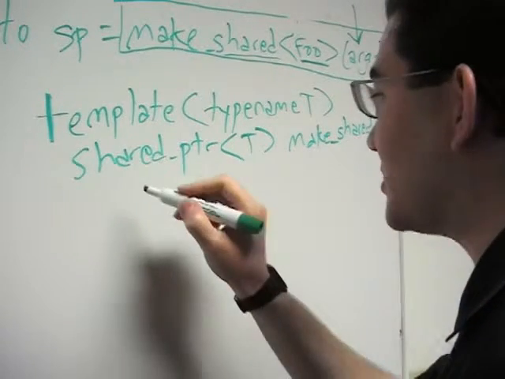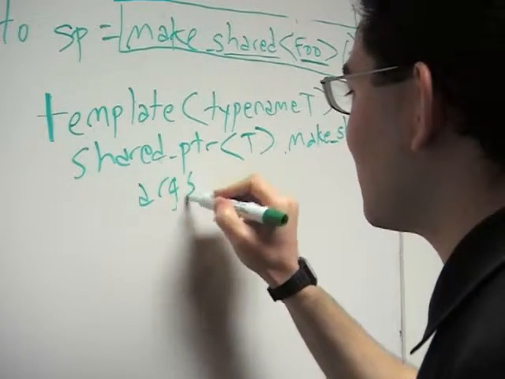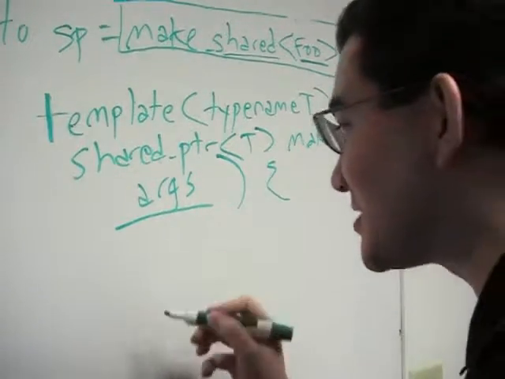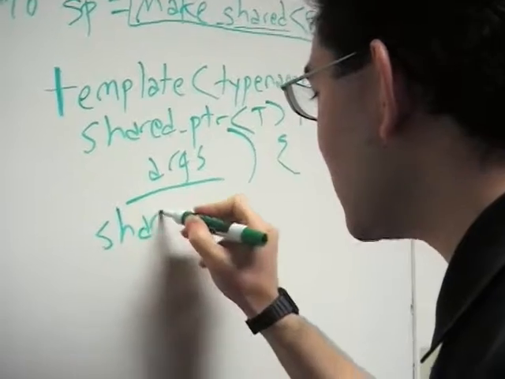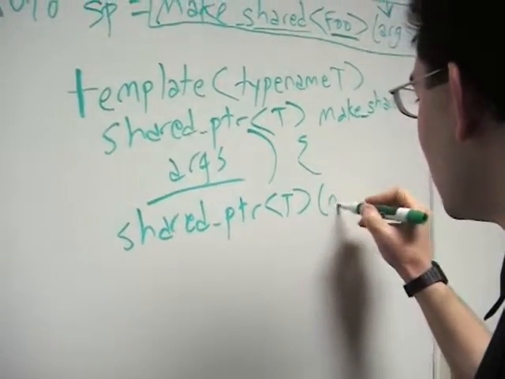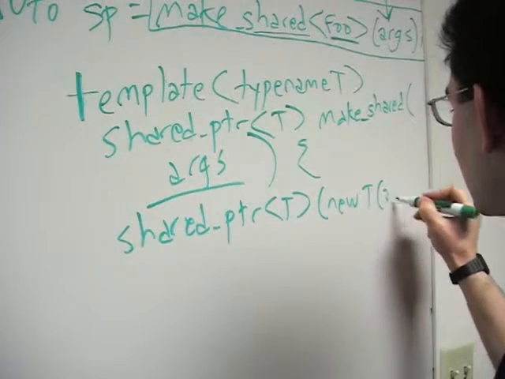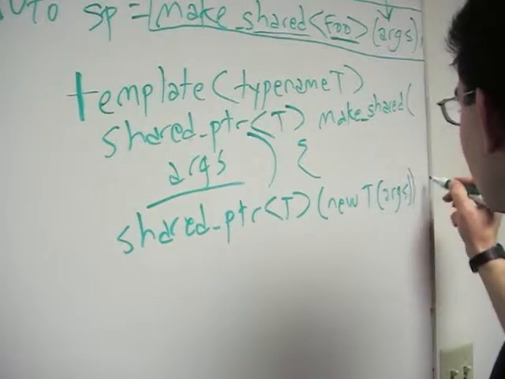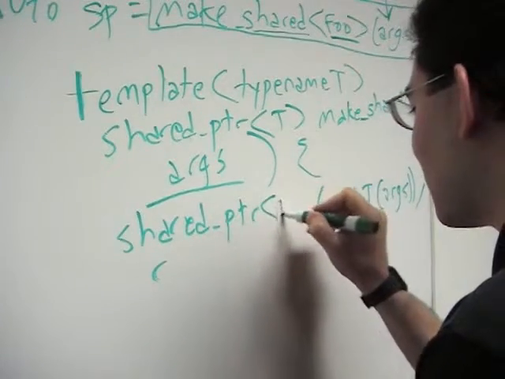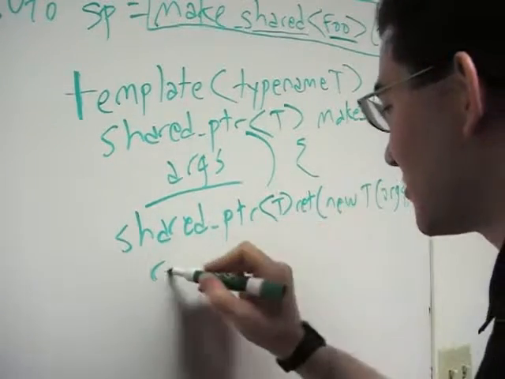And then I've got to write arguments, we'll get to that. And then inside here, I need to say something like shared_ptr<T> new T(args), and I need to give this guy a name, ret, and then return ret.